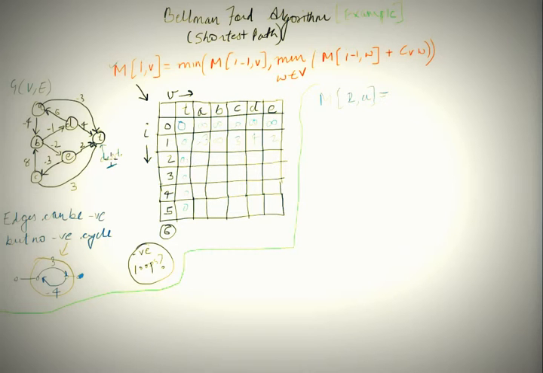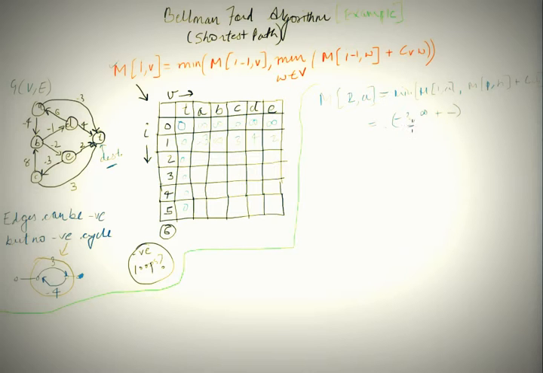M(2, A) would be equal to the minimum of M(1, A), or, since A is connected to B, M(1, B) plus the distance AB. M(1, A) was -3, and M(1, B) is infinity plus whatever distance, it doesn't matter.